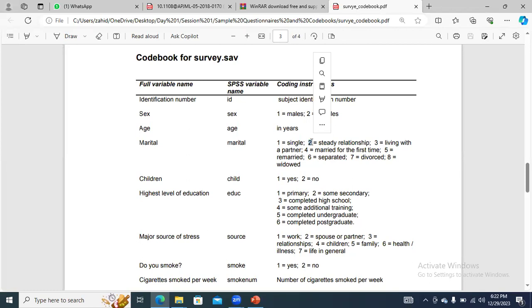The person may be unmarried, we can codify by 1. The person may be married, we can codify by 2. And the person may be divorced, we can codify it by 3. In the same way, you can codify the other information to enter into the SPSS.